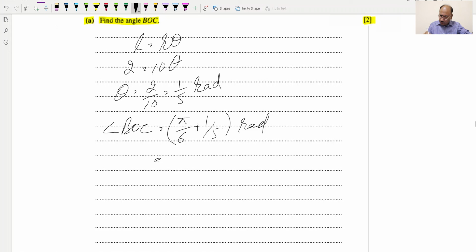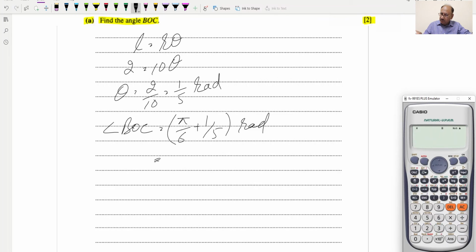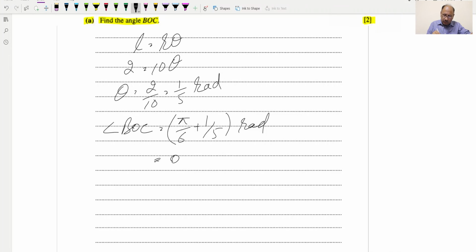Calculating the decimal value, pi over 6 plus 1 over 5 is equal to 0.7236, which we can write as 0.724 up to 3 significant figures.